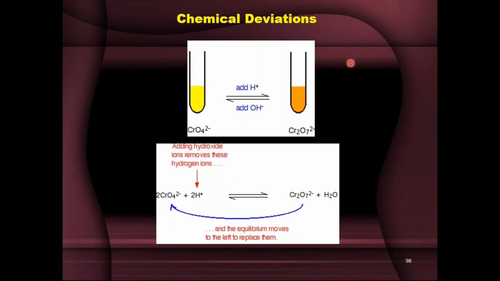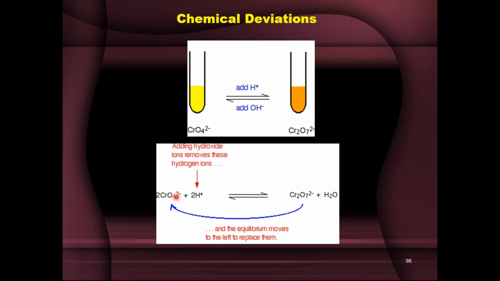If you want to maintain the orange color, then you will have to add acid. Instead of hydroxide, you will have to add an acidic solution, something like HCl, which increases H+ ions in solution. So when you have some yellow solution, if you have added H+ ions, then the equilibrium will shift to the right.